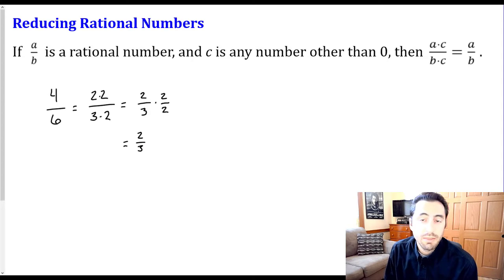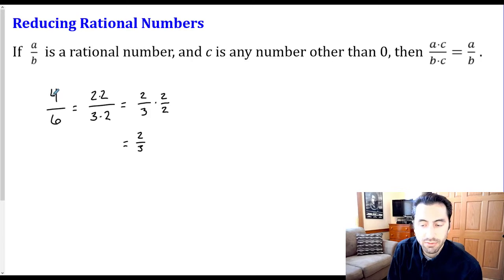Okay, but maybe we need to try out a little bit more of a complicated example. These are pretty small numbers and we can see that they both have a 2 and we can divide that out. And that works for a lot of them. But what if we have a larger number? I'm going to do a new page.